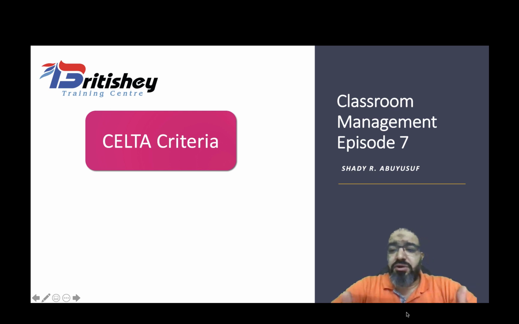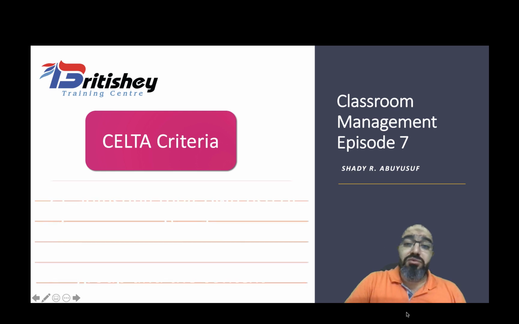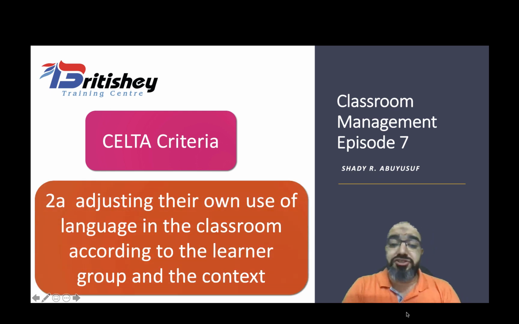And again, I always give an example of CELTA criteria by the end of every episode. So let's do this time. And when we look at this criteria here, which is 2A, it says adjusting their own use of language in the classroom according to the learner group and the context.